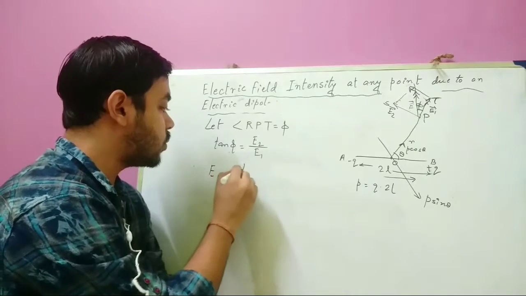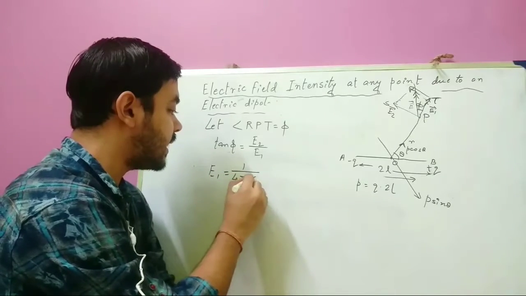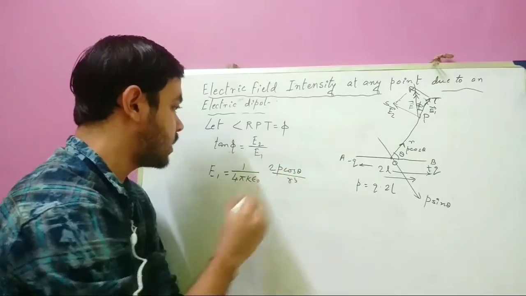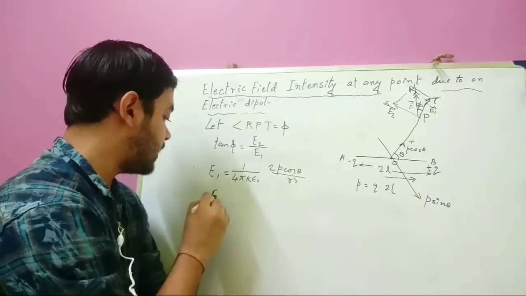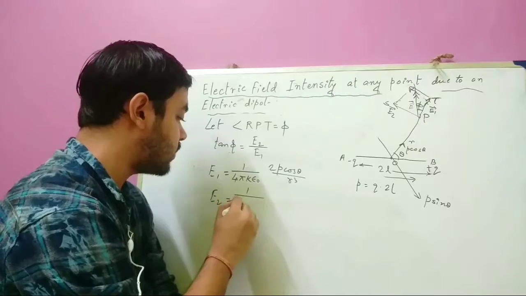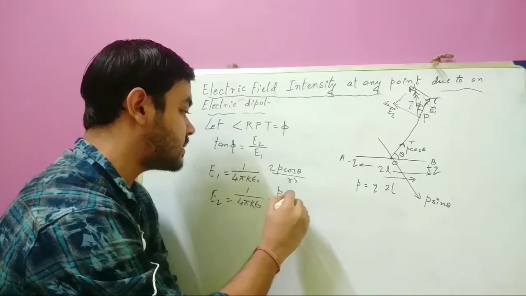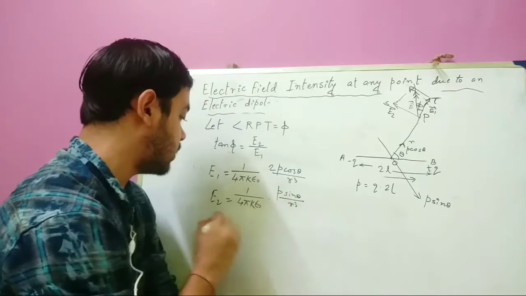E1 was 1 by 4 pi k epsilon 0 into 2p cos theta by r cube, and E2 is equal to 1 by 4 pi k epsilon 0 into p sin theta by r cube.